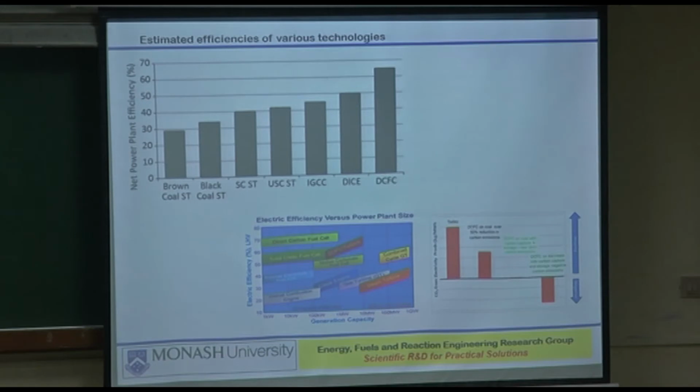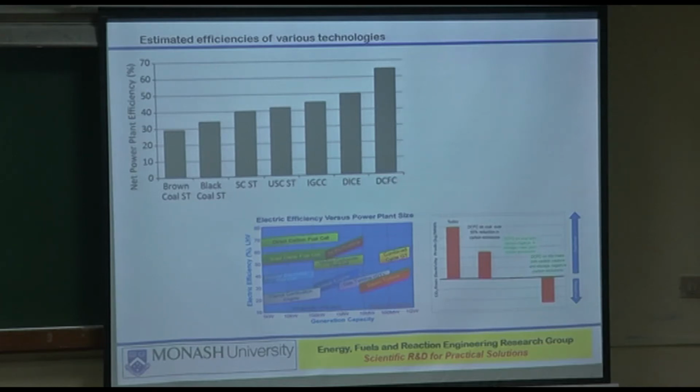So DCFC as a technology, if used with coal and storage, is supposed to give you zero emission. But if it is used with biomass, then it is supposed to give you a negative emission. So that's the incentive towards the research on DCFC.